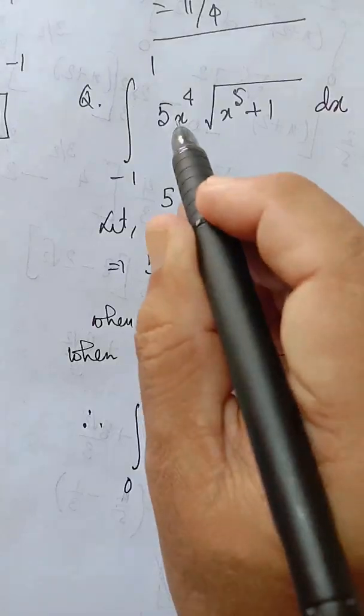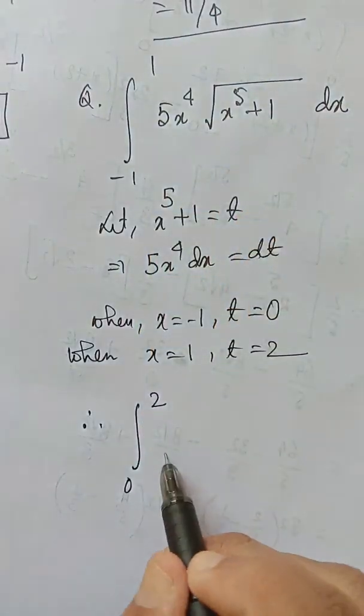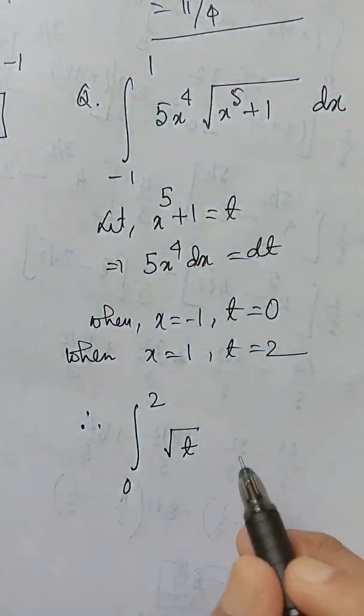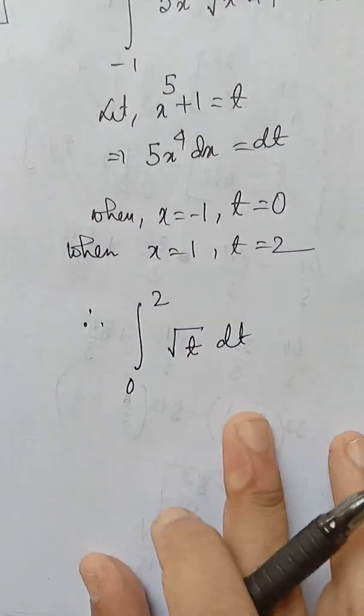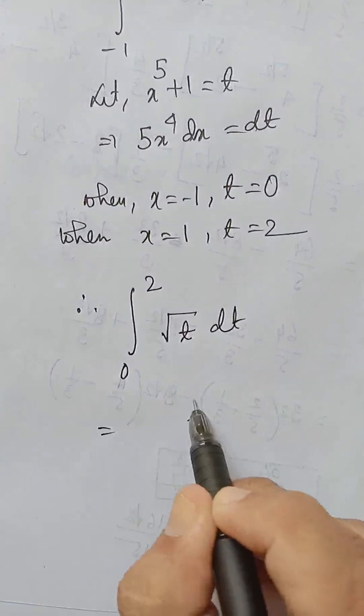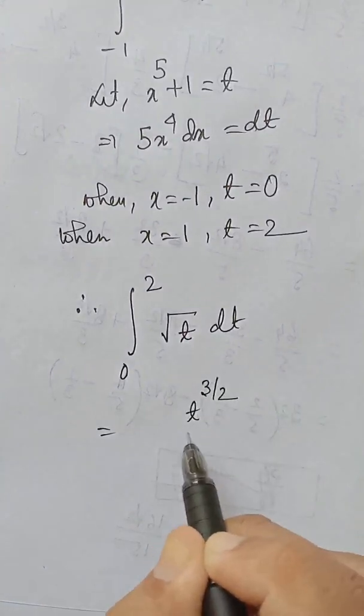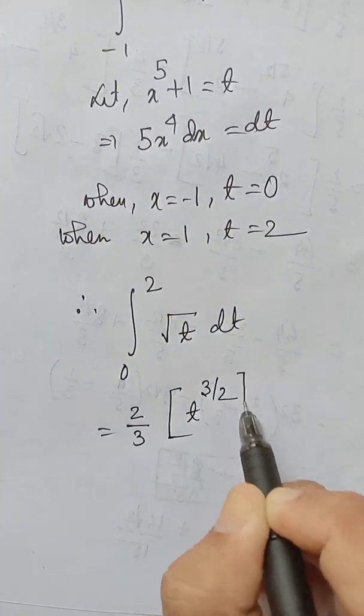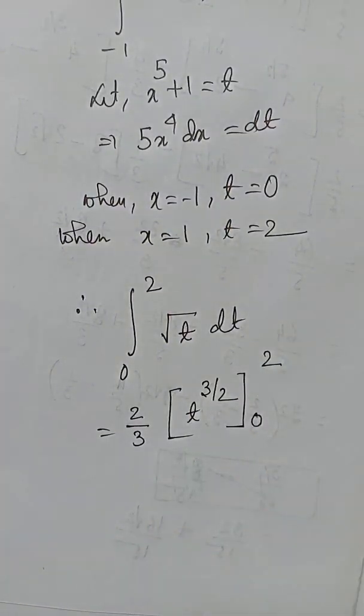5x to the power 4 dx is dt, and this is root over t. This is root over t, and this is dt. And now we have to integrate t to the power half, which is t to the power 3 by 2 by 3 by 2, which will become 2 by 3 into t to the power 3 by 2, 0 to 2. Okay.